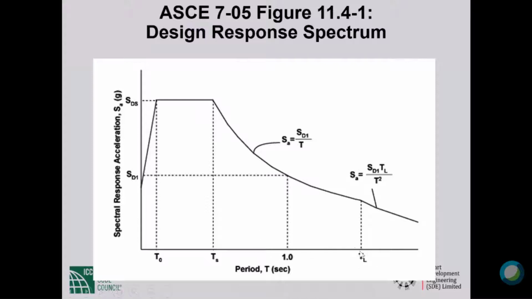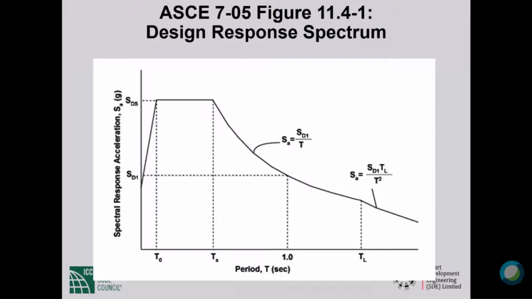This period T sub L at which we transition from the second branch to the third branch is given in a map in AC 705. It is called the long period transition period, and the equation of the third branch is given. The two ordinates define the design spectrum.